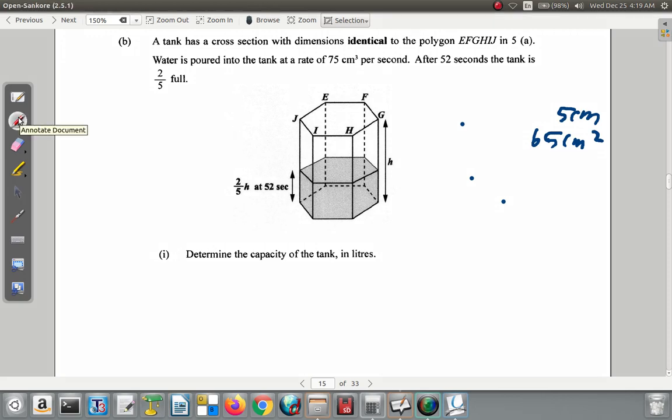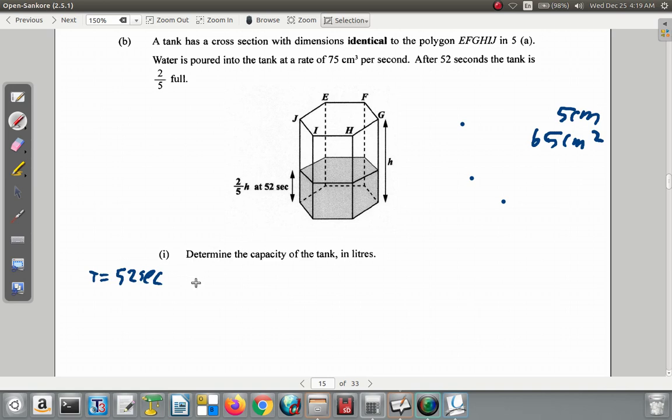So what you have here is a time of 52 seconds. T is equal to 52 seconds. 75 centimeter cube per second. So at 1 second you have 75 centimeter cube. At 2 seconds you had another 75, which would be 150 centimeter cube, and so on.